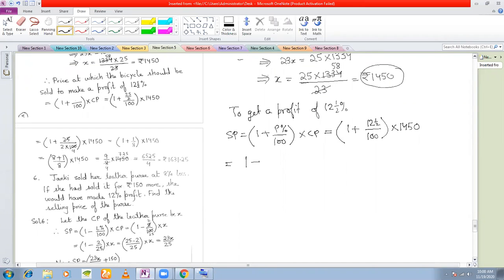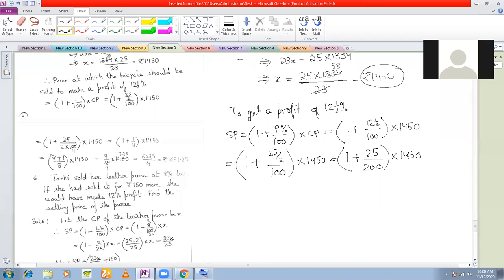So now you can calculate from here. 1 plus, this is 25 by 2 by 100, into 1450. So this is 1 plus 25 by 200. Denominator is 2 into 100.